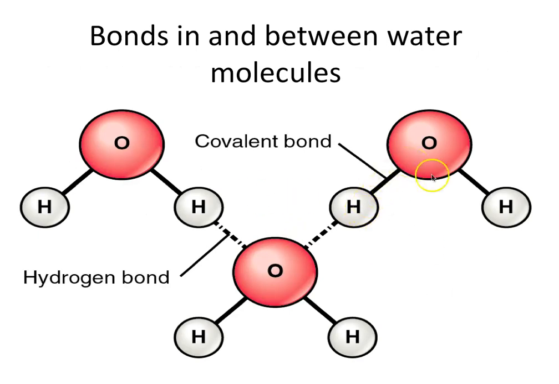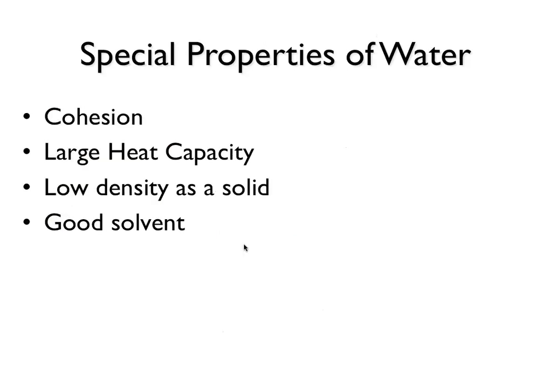So these covalent bonds hold together each single H2O molecule. But between them, we have these interactions between that partial positive over here on the H and the partial negative here on the O. These are transient, meaning they're temporary and changing, but they give water a lot of special properties. Those include cohesion and adhesion.